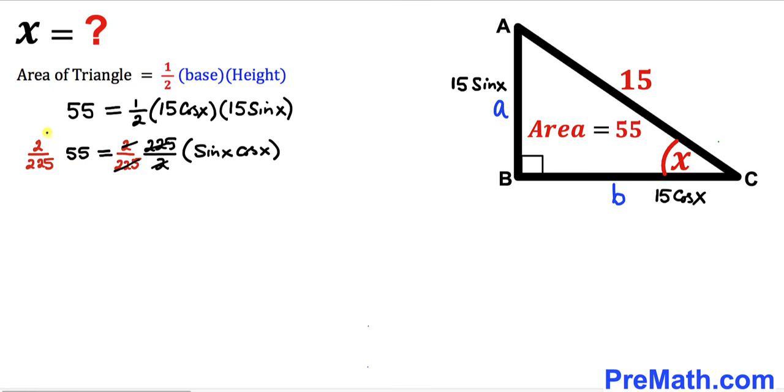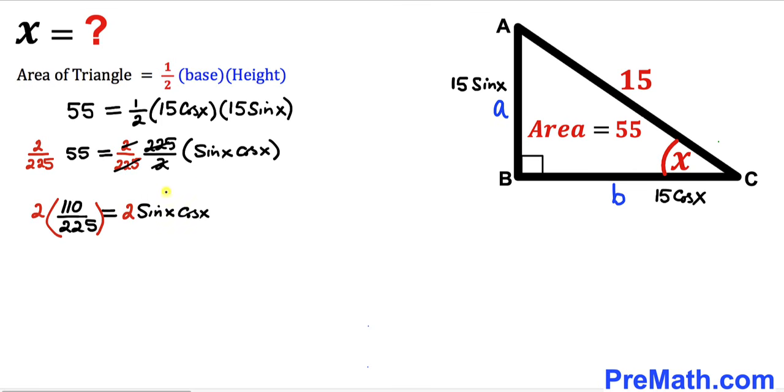On the left hand side, if we multiply this, that is going to give us 110 divided by 225, which is equal to sine of x times cosine of x. Now I am going to multiply both sides by 2.